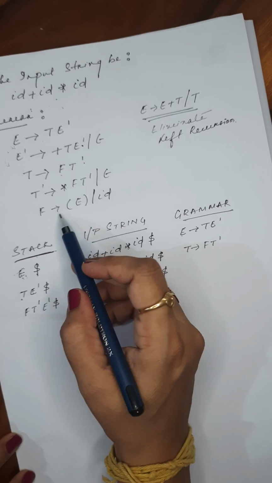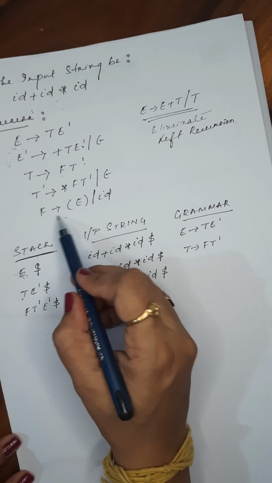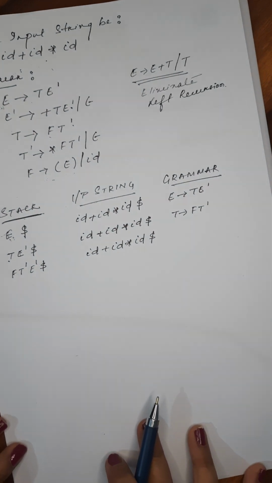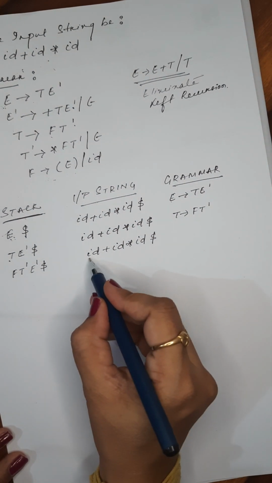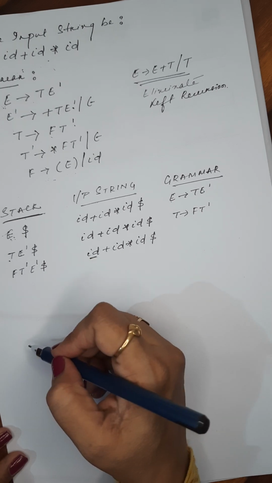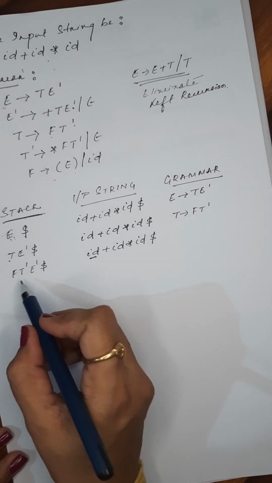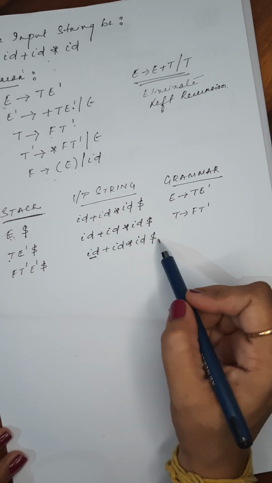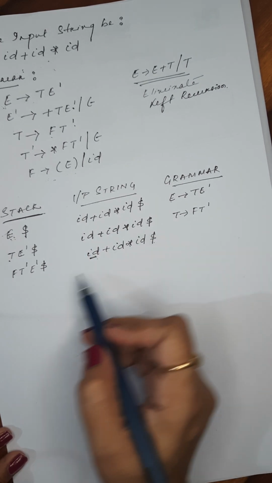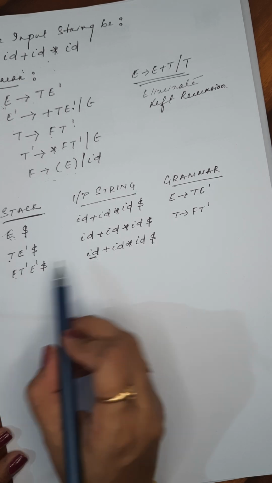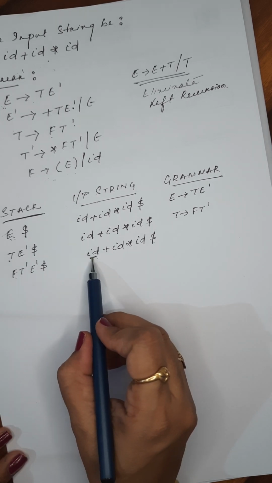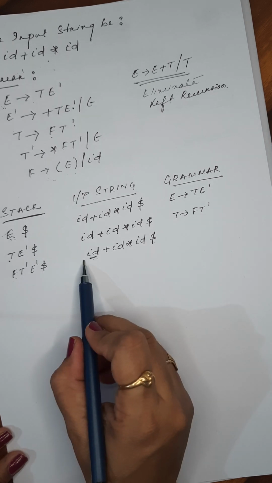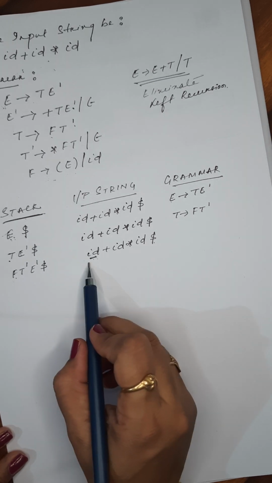Now for F we have two productions. One is bracketed E, one is ID. Now what do you have to do? You have to check what is on the top of the input string, that is ID. Parsing means we have to parse the entire input string and reach the end marker. Here we need to get the same terminal symbol as the stack top, so that when the stack top and the first input symbol match, we will pop it out.